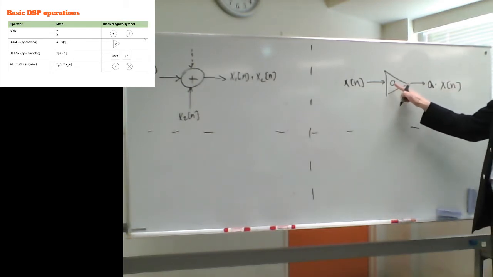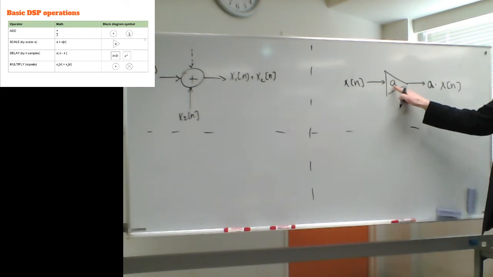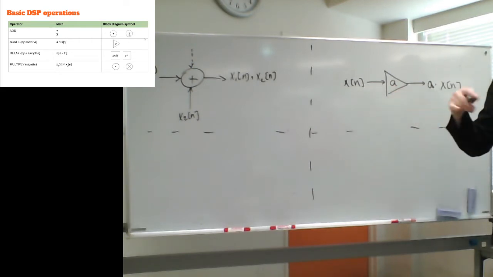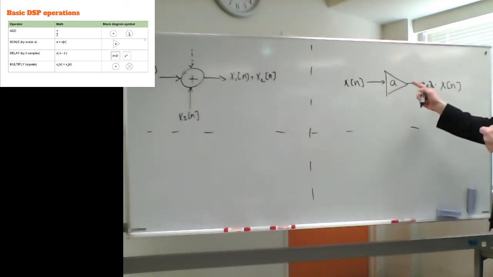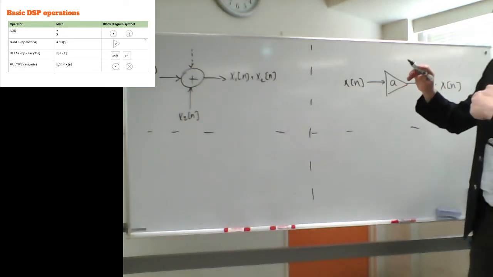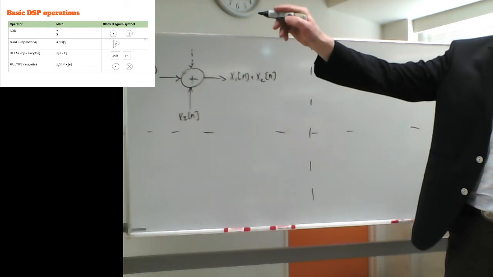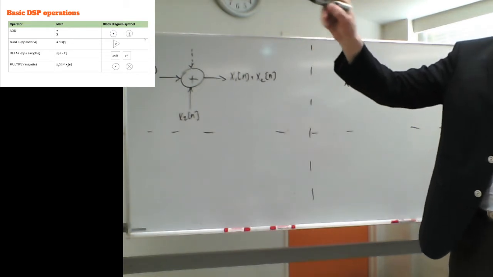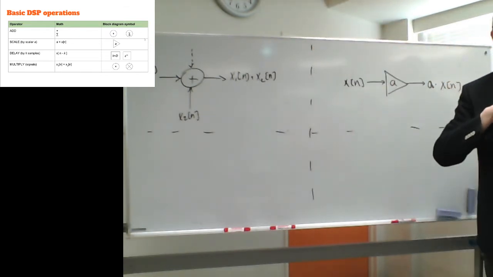Just a reminder, this cannot be a signal. It can be a variable, then it's variable gain, but not a signal. For signals we have multiply. That's actually multiplying 2 signals together.